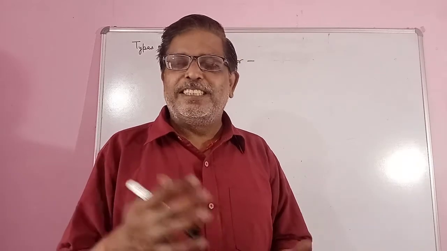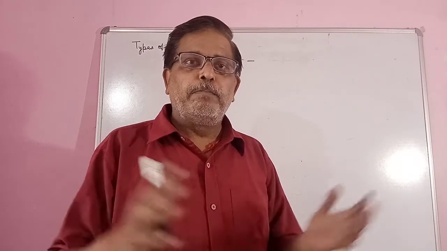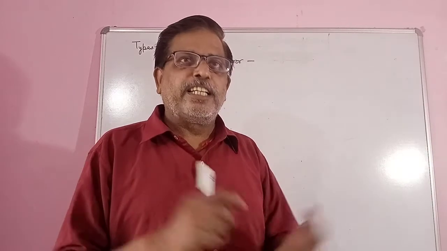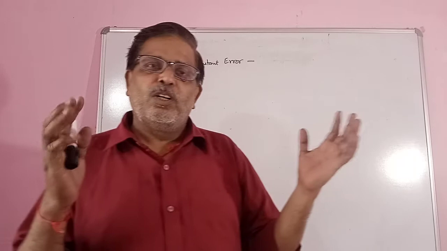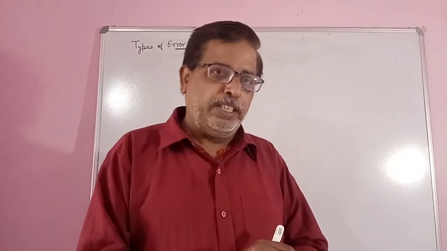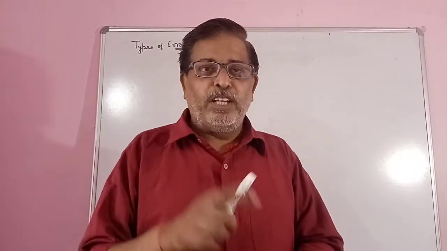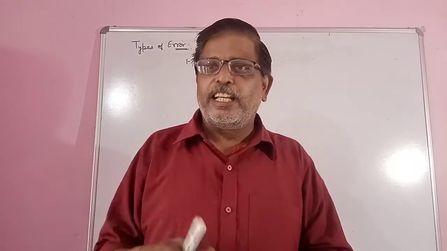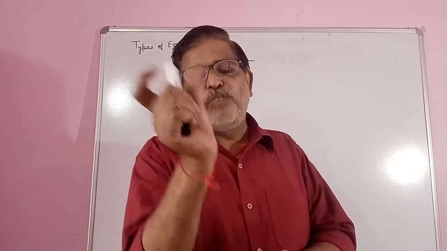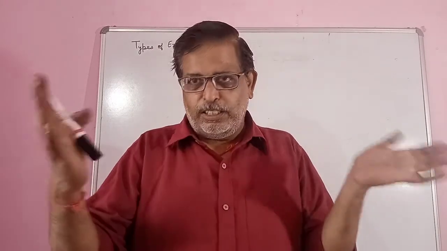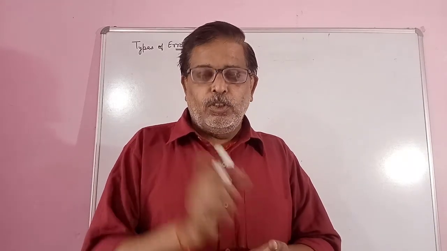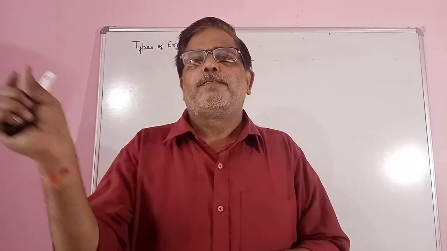Suppose we are measuring some length by 1 meter scale, and that scale is not exactly of 1 meter, that is of 95 centimeter. So every time when we are measuring length, with every measurement we are leaving 5 centimeter, because the total length of that scale is 95 centimeter.